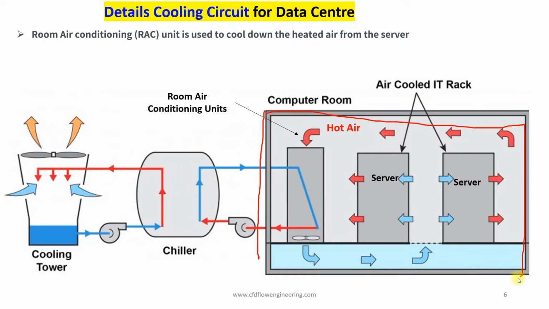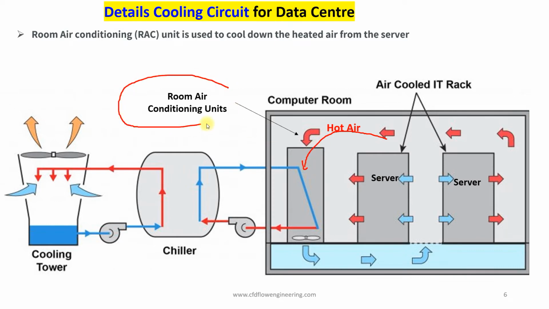Servers are placed on the elevated floor, also called a raised floor. The hot air passes through the room air conditioning unit, and this RAC unit is connected with a chiller.